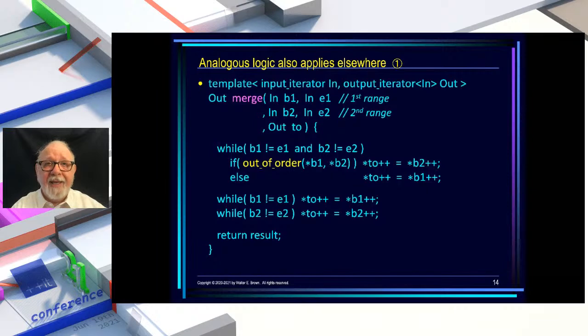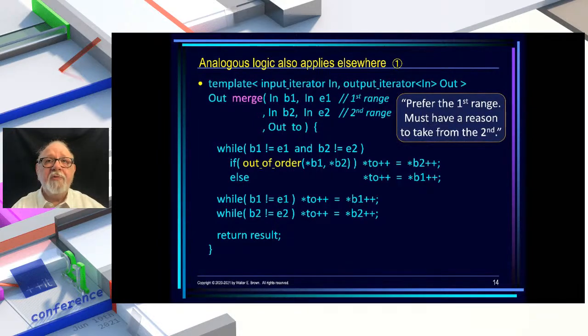My claim is, just as in min and max, we should prefer to take from the first range by default, and we need a reason to take from the second range. And that's precisely how this has been coded in the highlighted if-else.